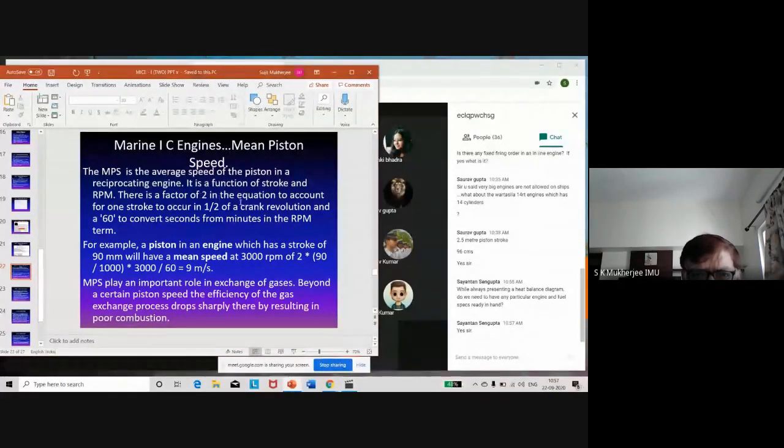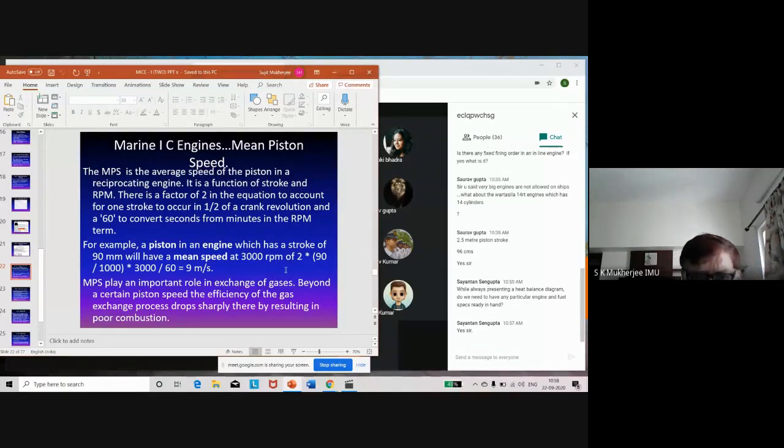There is a factor of 2 in the equation to account for one stroke occurring in half of a crank revolution, and a 60 to convert minutes to seconds in the RPM, obviously. For example, a piston of an engine which has a stroke of 90 millimeters, that is 90 upon 1000 meters. You have to convert it to meters to express speed in meters per second.